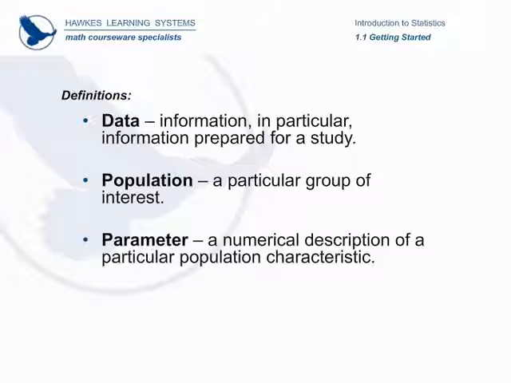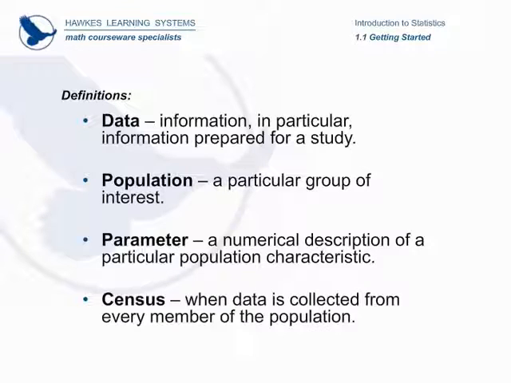And parameter. A parameter is a numerical description of a particular population characteristic. And lastly, census. When data is collected from every member of the population, that is known as taking a census.